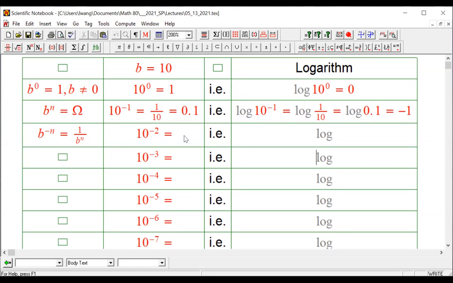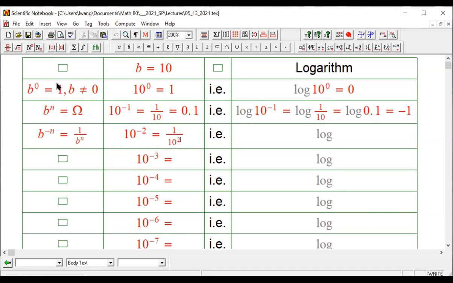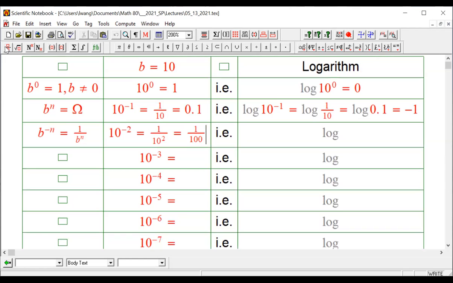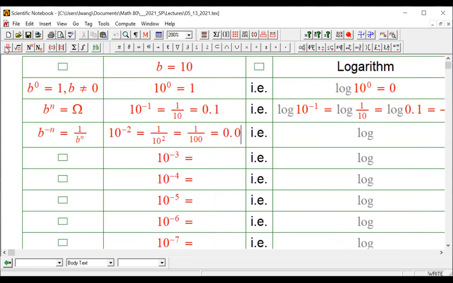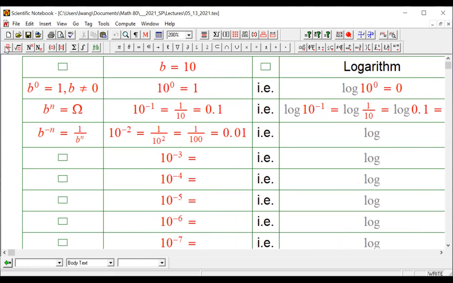10 to the power -2 is 1 over 10 squared. 1 over 10 squared is 1 over 100. 1 over 100 is 0.01, right?